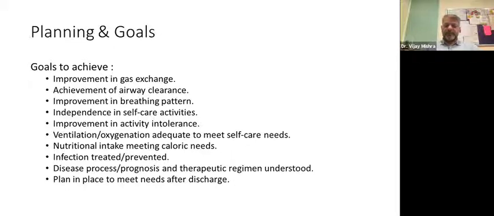The disease process, the prognosis, the treatment plan, all must be well understood by the nurses and also by the patient and the family. And you have a plan in place to meet the needs after discharge. So these are our goals to achieve when we have a patient of COPD to look after, starting from improvement in gas exchange to what happens when the patient goes home after discharge.